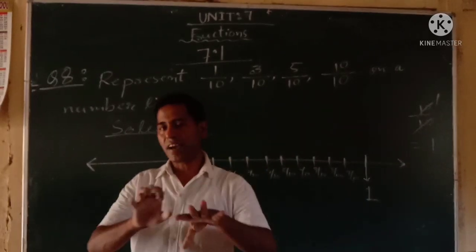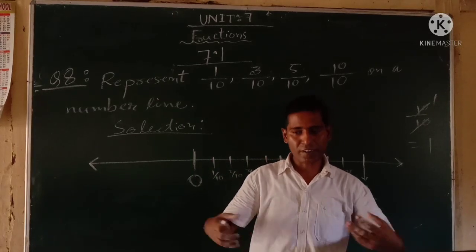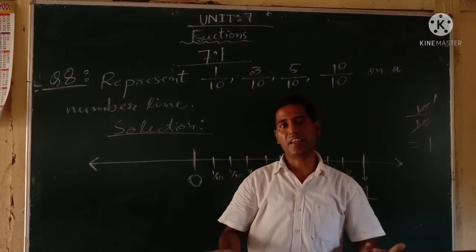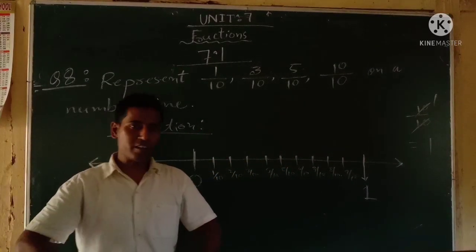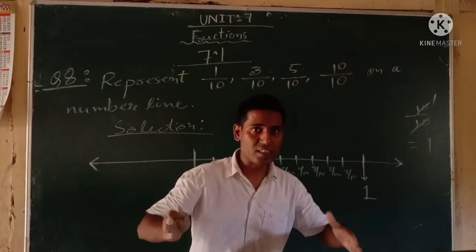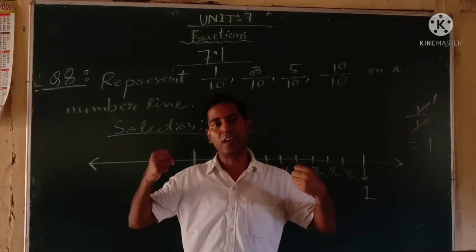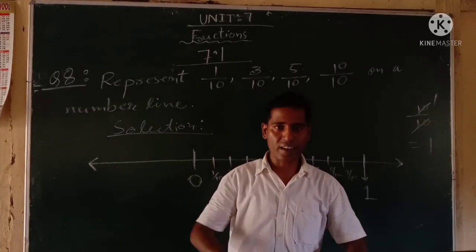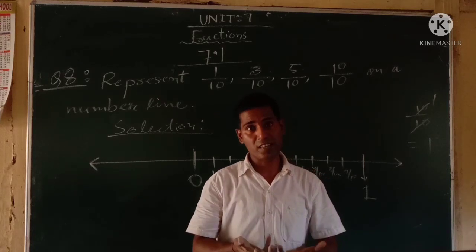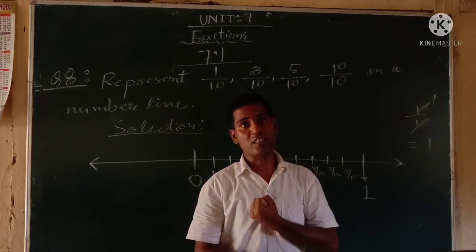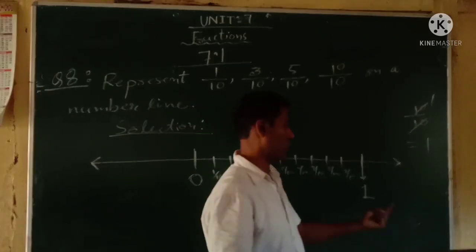If we divide something into 10 equal parts and take all the 10 parts, that means we have taken the complete thing, the absolute thing. So that is 1.